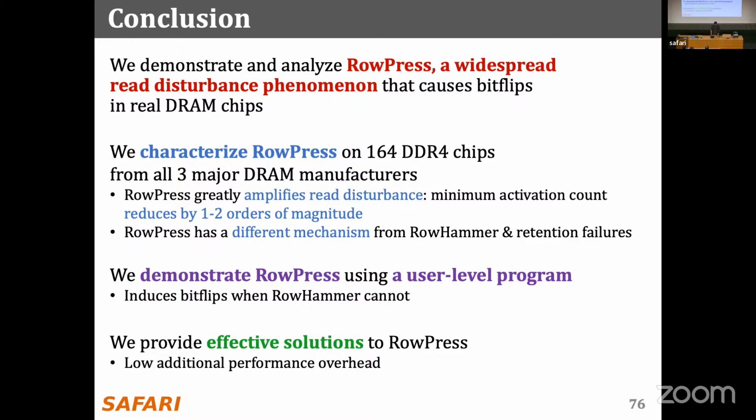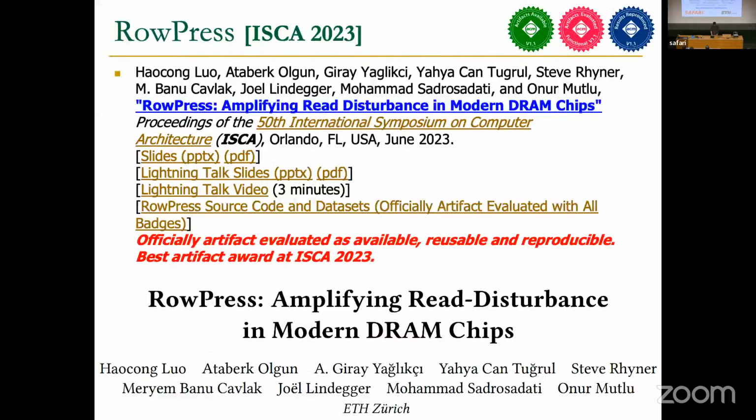We demonstrate that someone can use a user-level program that leverages RowPress to induce bitflips much more effectively on a real system. And finally, we propose effective solutions to both RowHammer and RowPress at low additional performance overhead. That's the end for RowPress, another aspect of DRAM read disturbance.